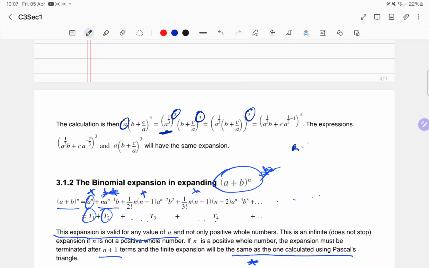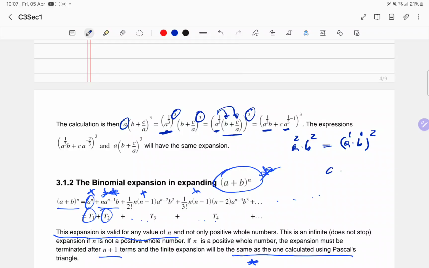This is what you've seen in high school. Actually you can put this inside the bracket and put the power out, because you have invisible ones. So it's a raised to the power 1 over 3 times b plus c over a. You can take your product inside. You'll have a to the power 1 over 3 times b plus c times a raised to the power this.